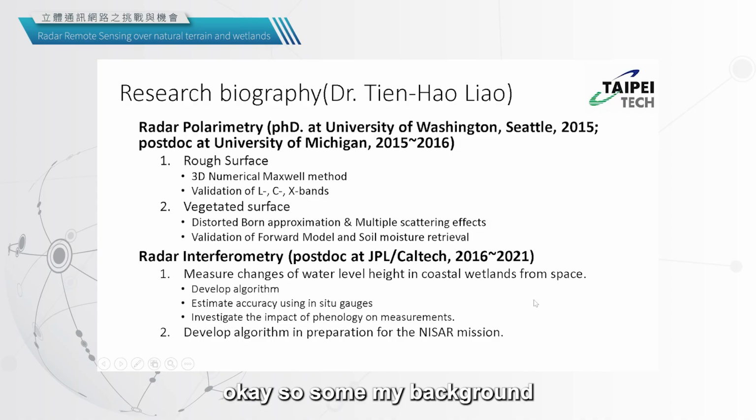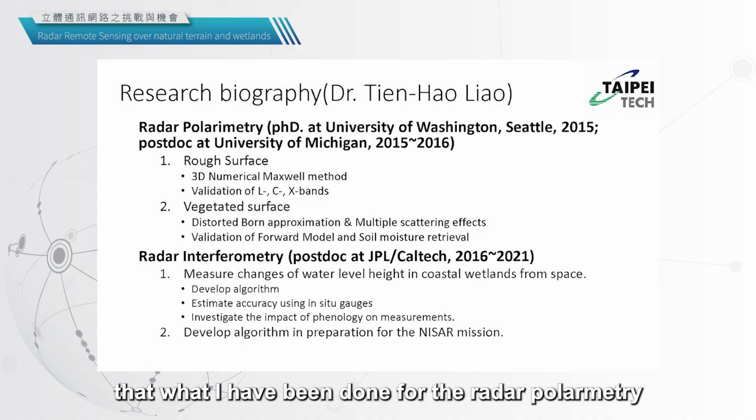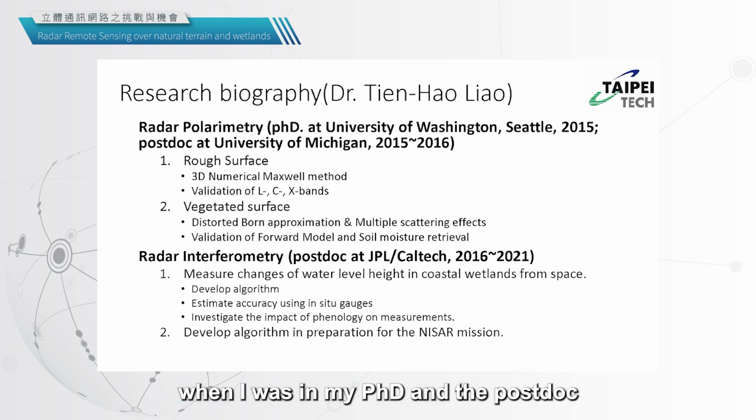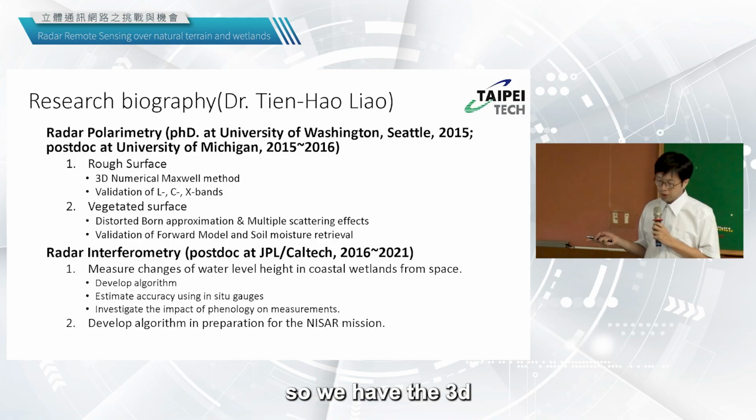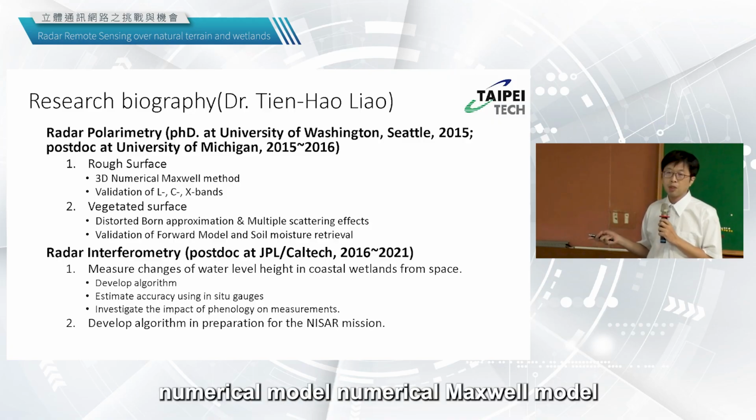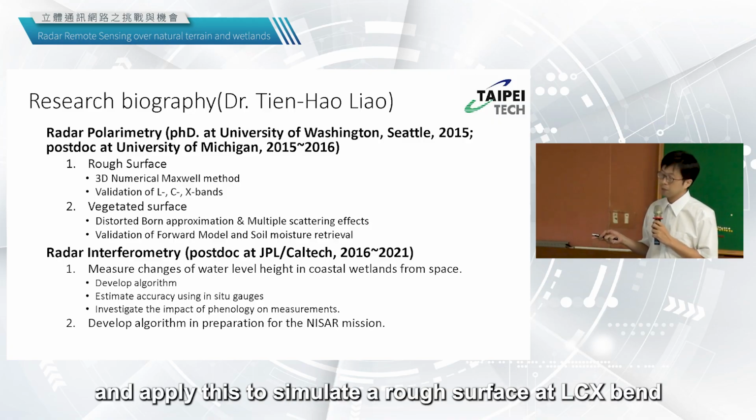Okay, some of my background: I have worked on radar polarimetry during my PhD and postdoc. In the first part of my postdoc at the University of Michigan, I worked on rough surface scattering. We have a 3D numerical Maxwell model and applied it to simulate a rough surface at the L, C, and X bands.